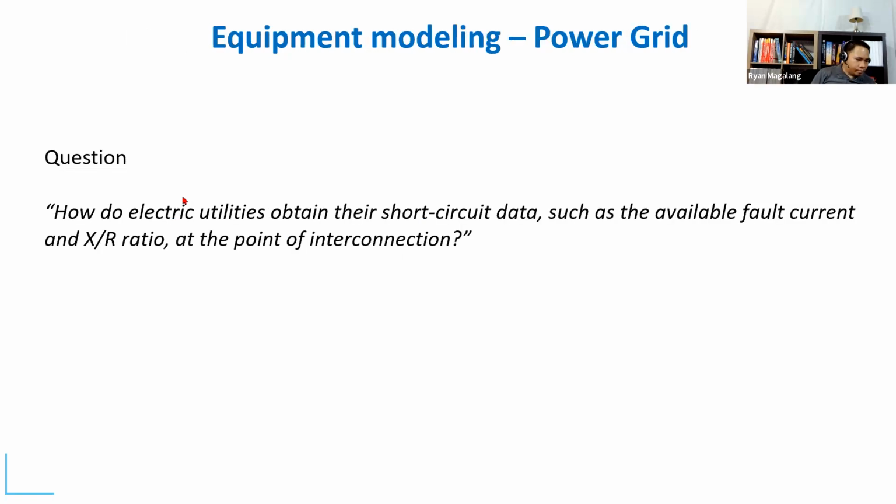So the XR ratio and really the fault current comes from an elaborate and very big database. Essentially, the utility would try to model all of their system.